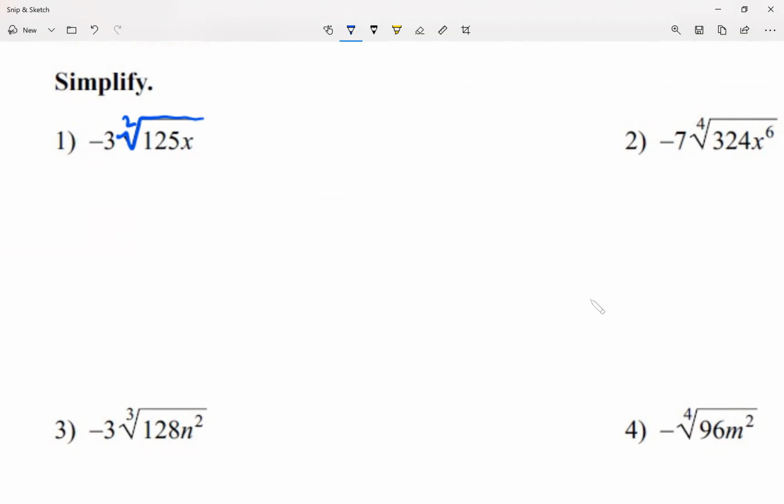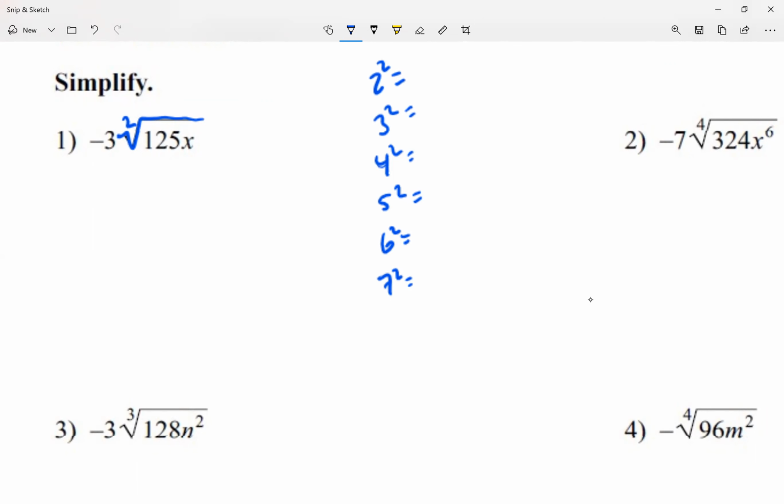Here, because the root is 2, I have to think of the squares. What I mean is, I have to know what 2 squared is, 3 squared, 4 squared, 5 squared, 6 squared, as far as I need to go. I'm going to stop at 7 squared, actually. I need to know my squares because I'm dealing with the square root.